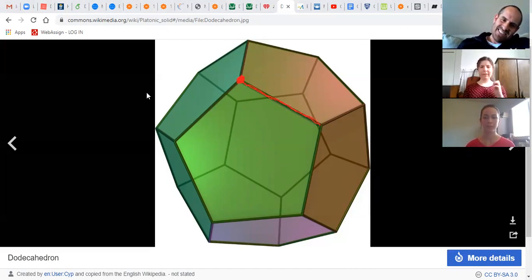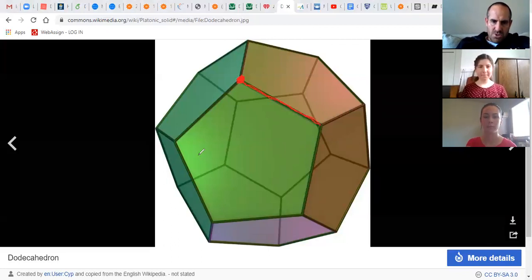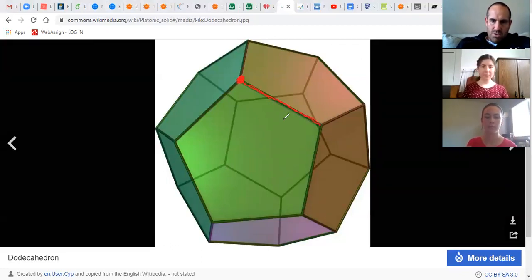So if you go straight through the center of an edge to an opposite edge. Let me try to annotate a couple of those. Maybe I'll do it in blue. How about the edge that's highlighted right now, and this edge down here.